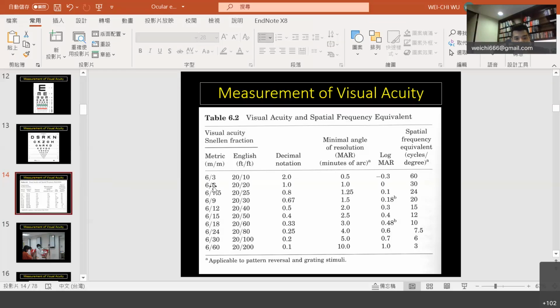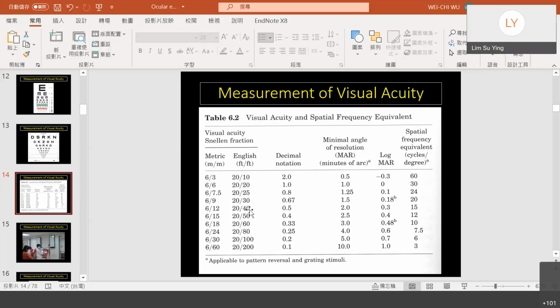And then how about 6/12, 20/40? Does 20/40 have a better vision or worse vision than 20/20? 6/6 is the full vision. So going down, the visual acuity is much poorer.